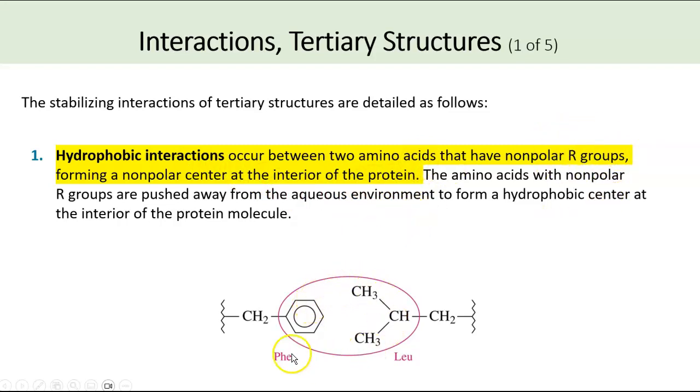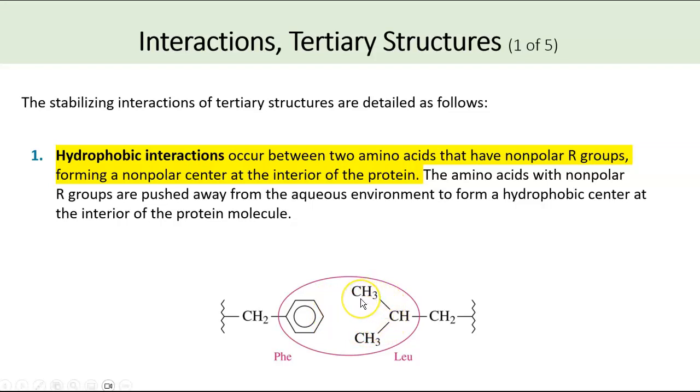For example, you see here a side chain or an R group of a phenylalanine, which contains the aromatic group, and leucine, which contains this isopropyl group at the end of the R group. So this is an example for hydrophobic interactions. When there are such nonpolar R groups in two amino acids, these interactions are hydrophobic interactions.